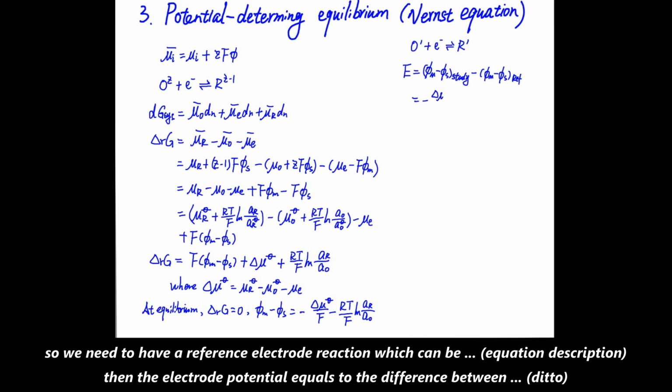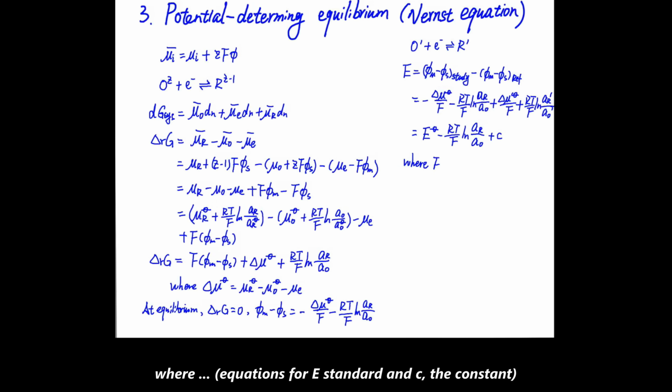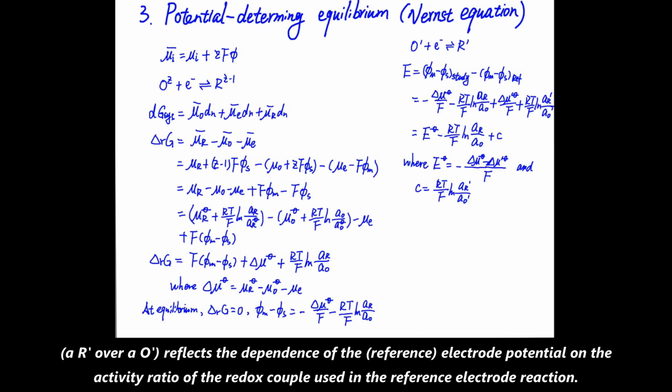So apparently we will have these terms, and if we tidy up, we would have E standard minus RT over F ln aR over aO plus C, where the standard electrode potential equals the negative difference between Δμ standard over F, and the constant C equals RT over F times ln aR' over aO', which reflects the dependence of electrode potential on the activity ratio of the redox couple used in the reference electrode reaction.